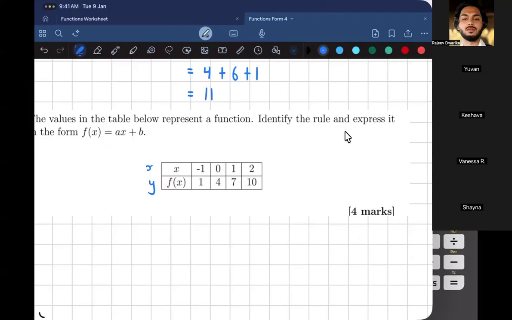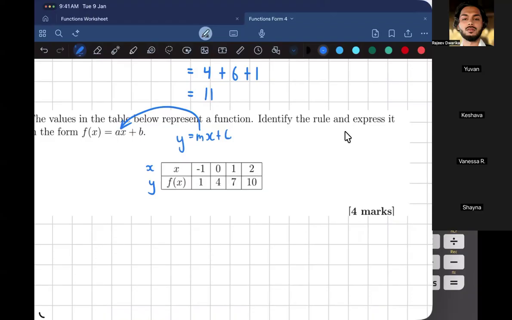If you want, you could take 2 of these points and find the gradient, and if you find the gradient, you'll be able to find a. Next, once you have that equation, you can take a point, plug it in, and find c. But I'm guessing we haven't reached that far yet. If anybody knows what I'm talking about, let me know.